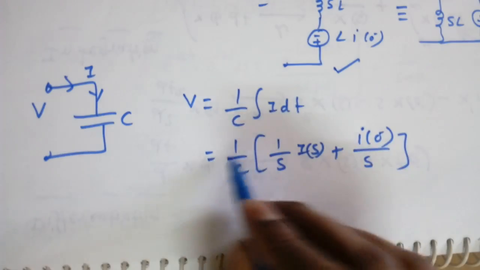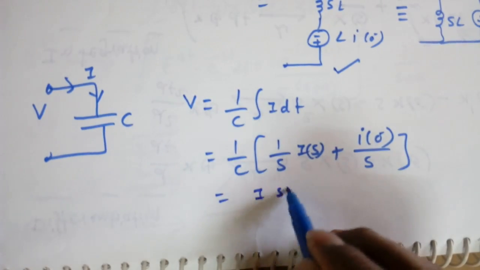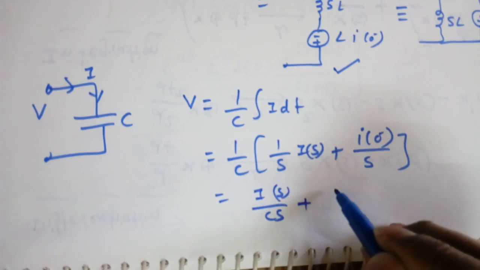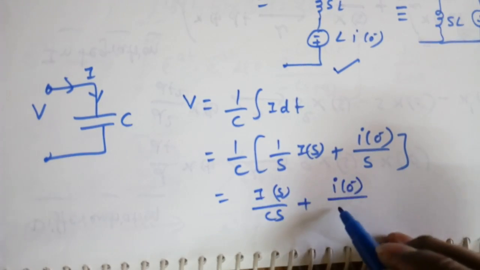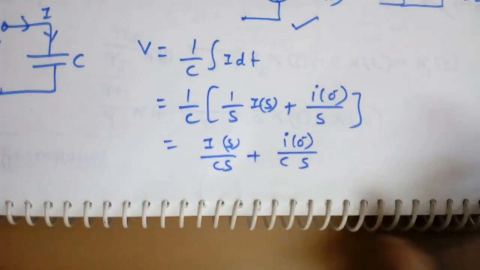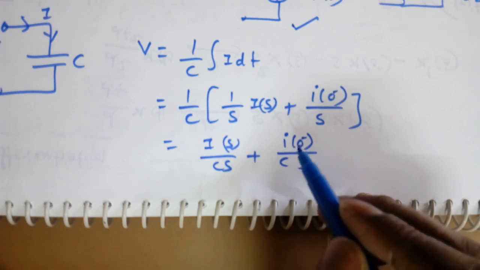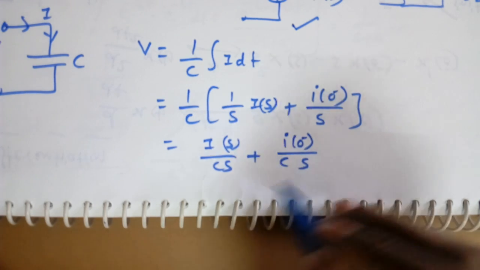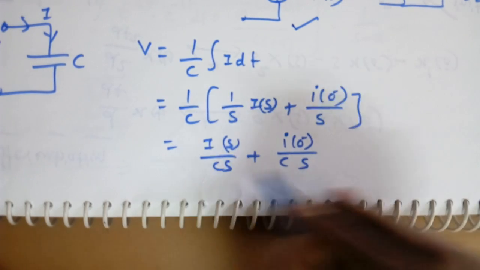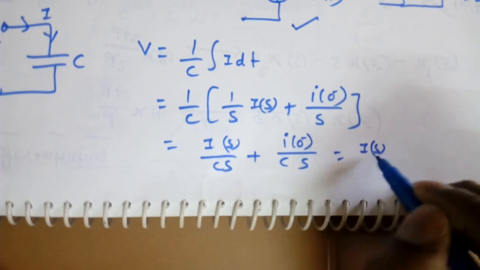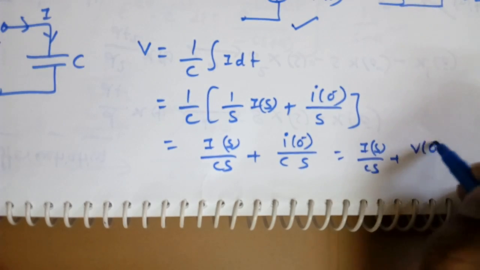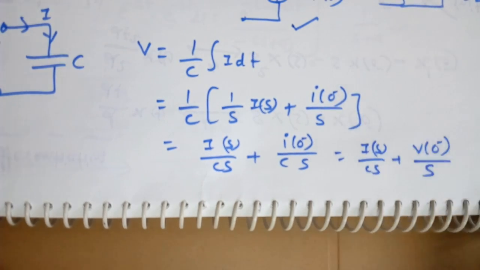Now this will become I of s by Cs plus I of 0 minus by C into s, or we can say this I of 0 minus by C as the initial voltage. So this can be written like this: I of s by Cs plus V of 0 minus, or 0 plus, by s.